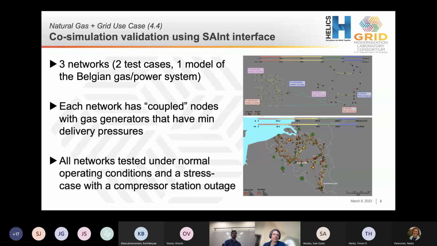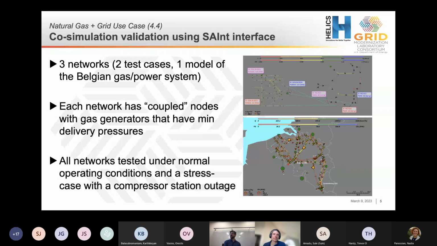So we think we solved at 5 minutes, but then the gas, I can't remember if we had to update the gas just every 15 minutes, essentially, with what the electric demand was. I think that was the time step we used.